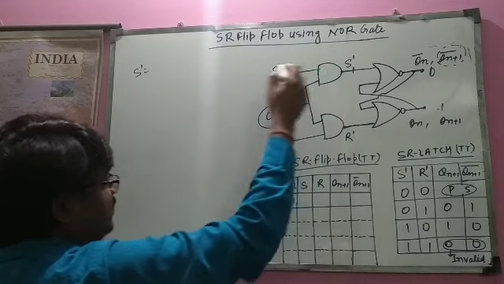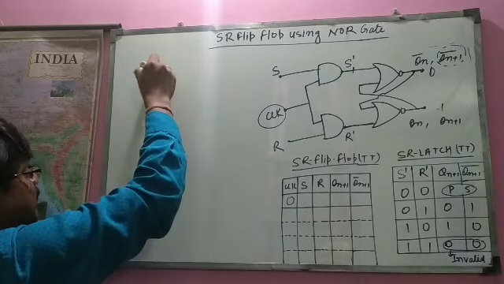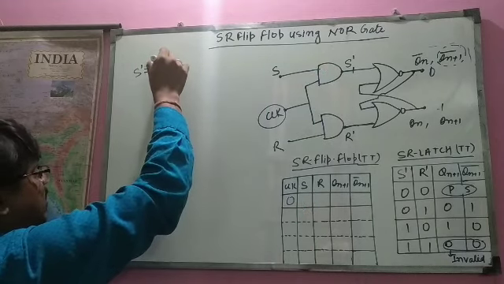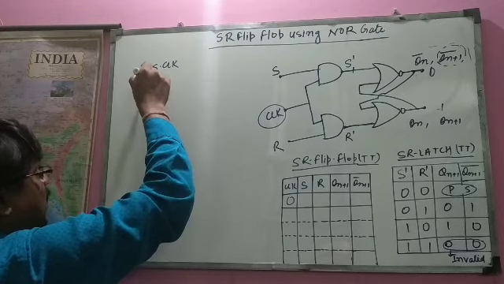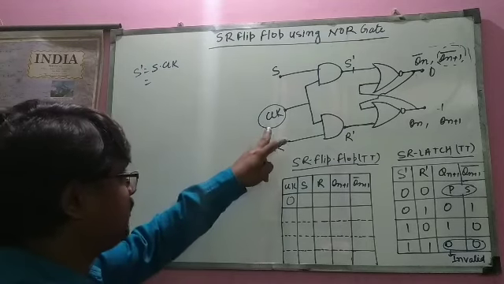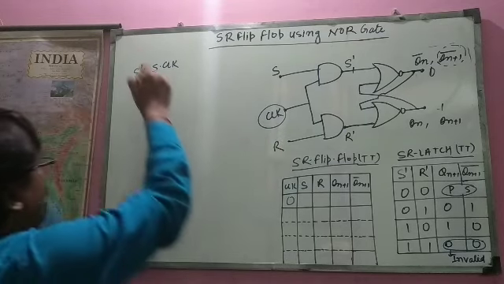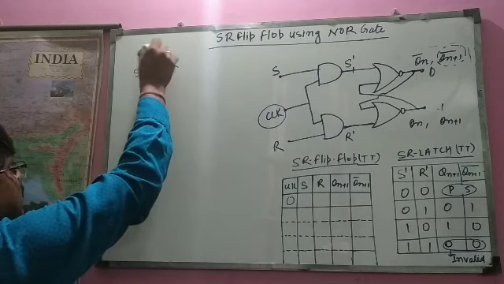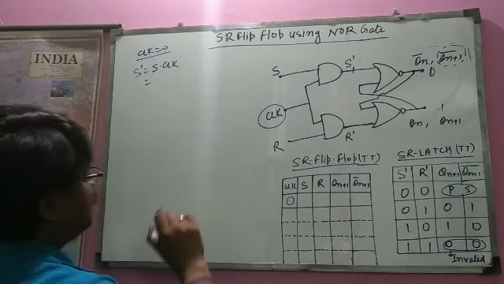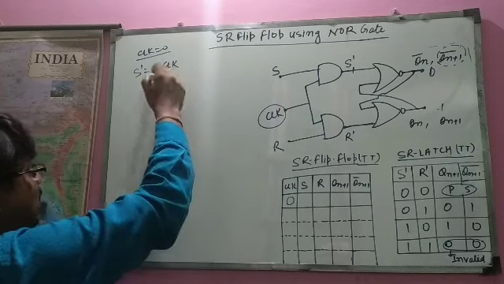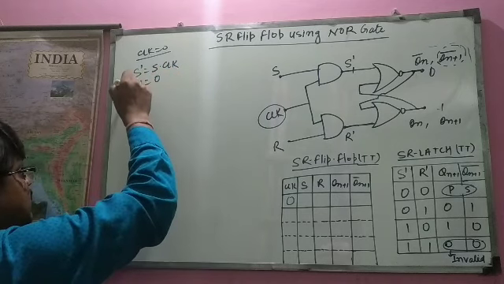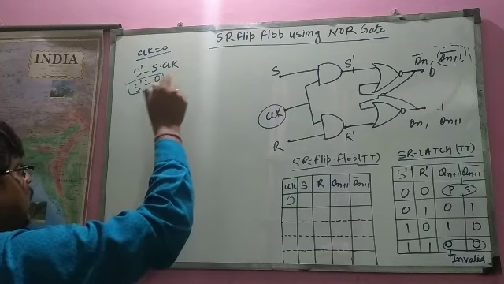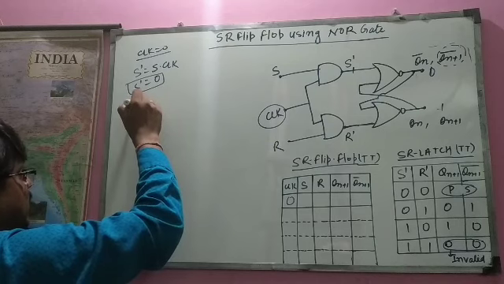Since this is an AND gate, it will be simply the multiplication of S and clock. Since this clock is 0, S dash will be 0.